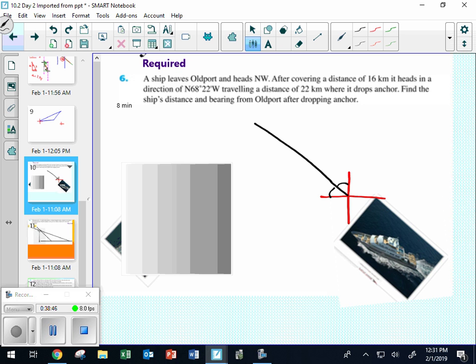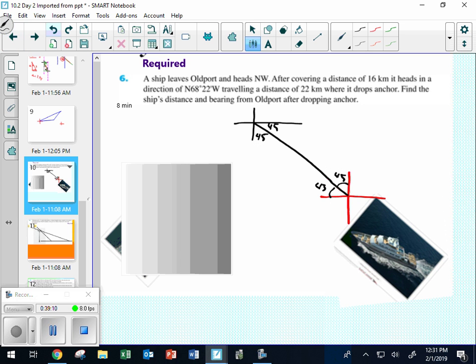Put a compass rose at the end of it. And now you already know that these are 45s and that these are 45s because they transfer over. Because this is an alternate interior to that. You've got to be able to see this stuff transfers over like that.